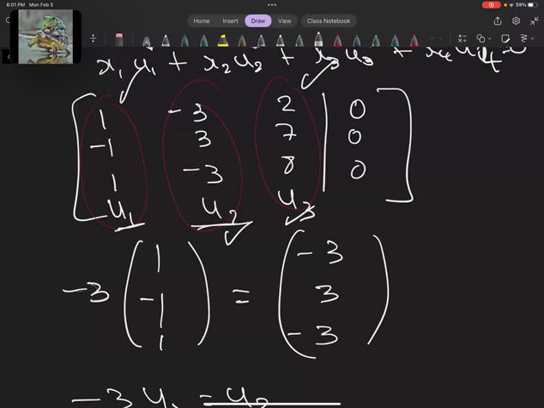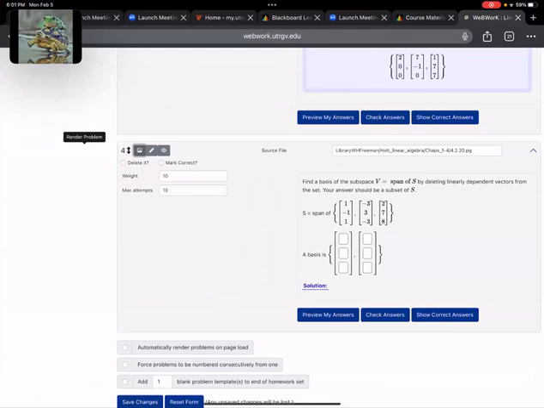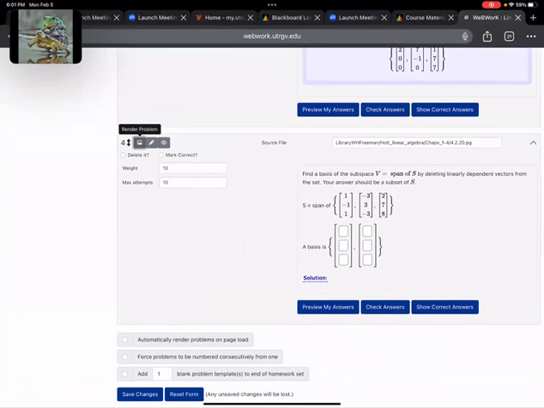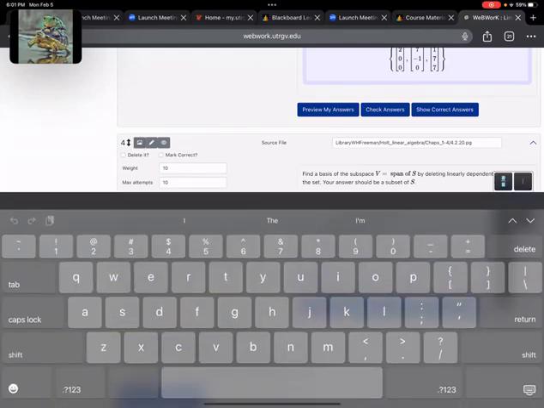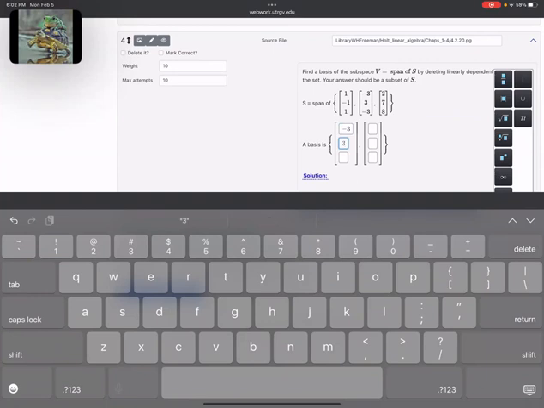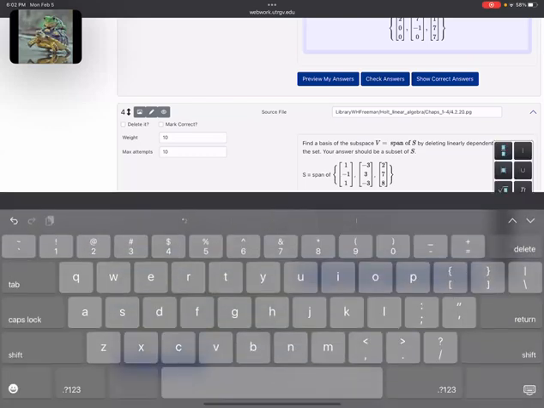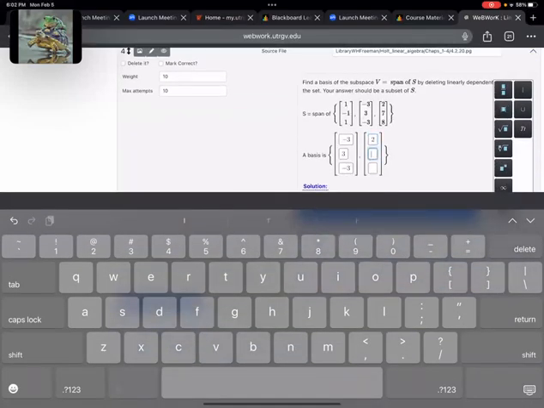Okay, let's try it to see. I don't know if I can submit answers here. Let's see if it lets me. Minus 3, then 3, then minus 3. And then put 2, 7, and 8.